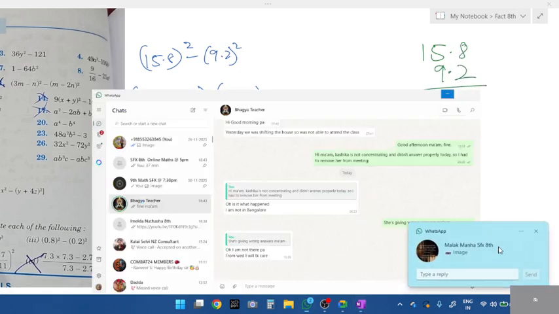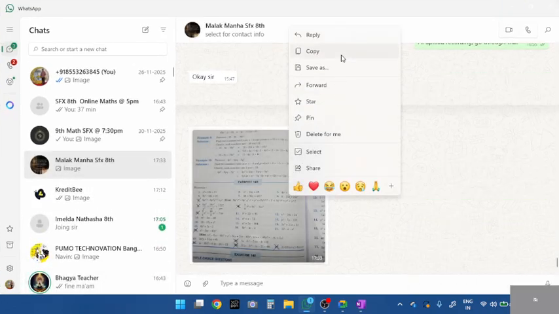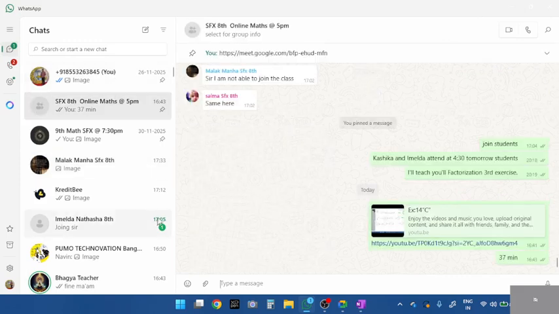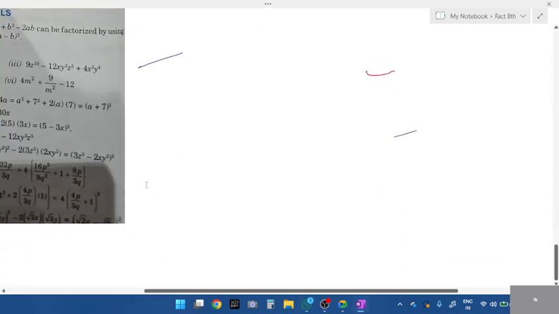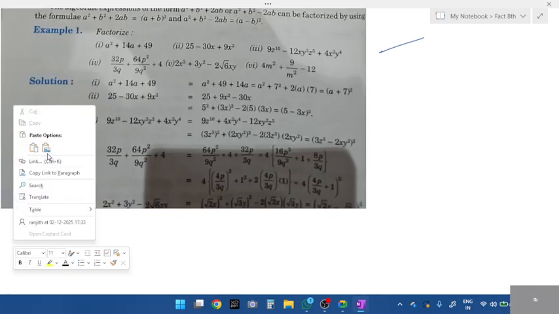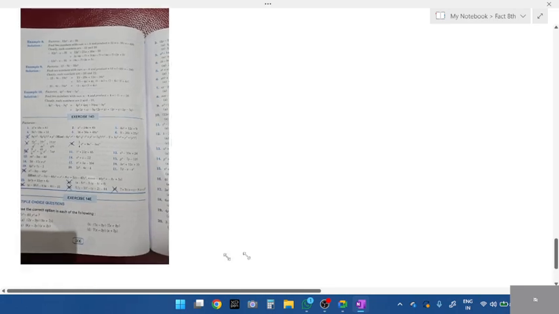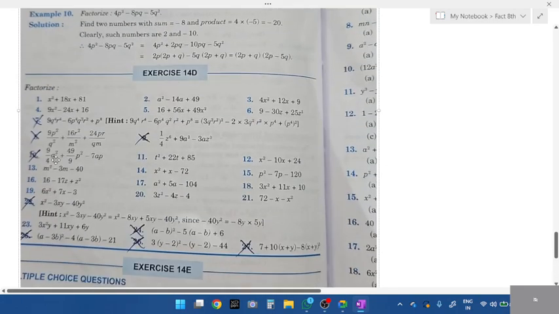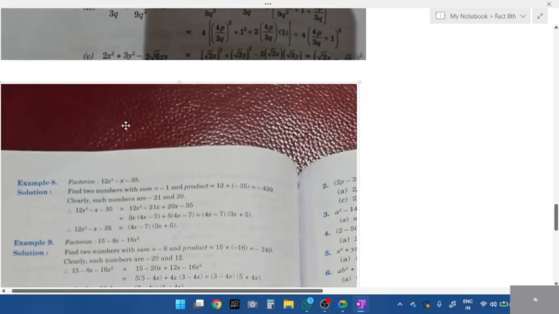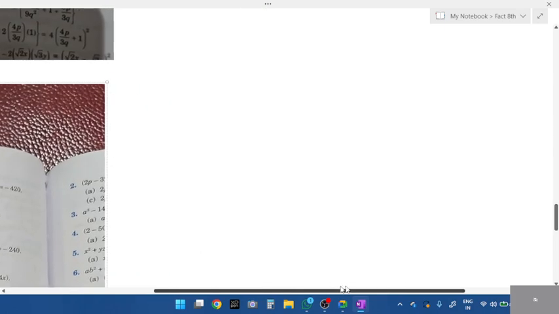All of you will complete this. Hmm. So 14D is going to be tough. Starting it is going to be very tough. Use the sum and product rule.